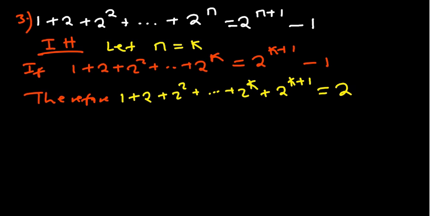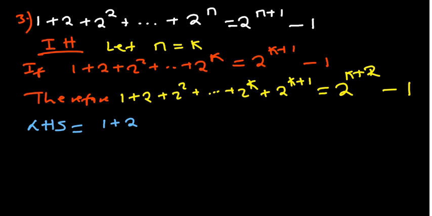Even if we do the same on the right hand side, wherever there is k, we're going to put k plus 1. But don't forget that there's also a 1 already there, so it will be plus 1, which will give us a 2 now, minus 1. We need to prove that the left hand side is equal to the right hand side. So for our left hand side, we have 1 plus 2.